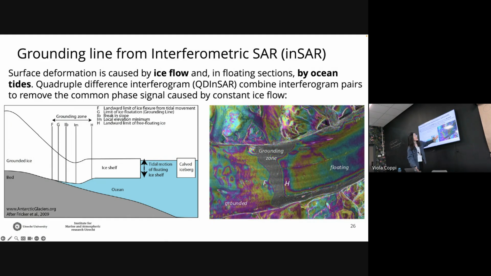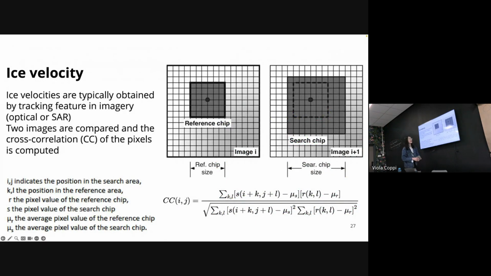That is a little technique introduction about interferometry. What you will work on in the exercise is how to detect ice velocity using quite simple algorithms. Because we don't want to identify features by eye, we normally use a cross correlation matrix.